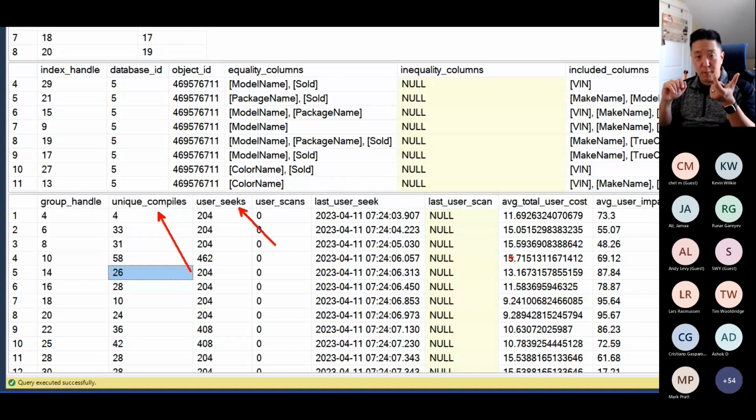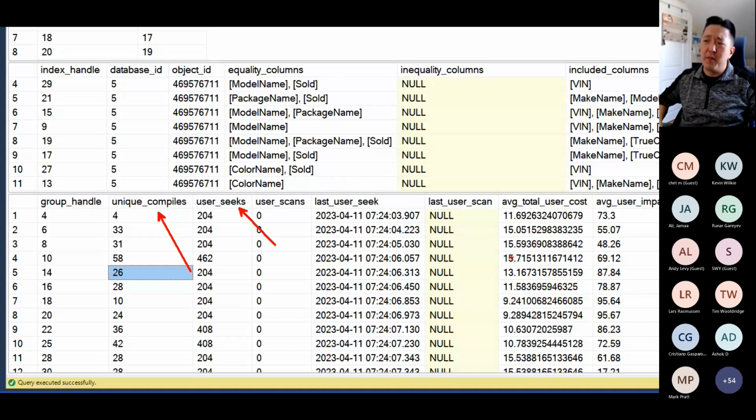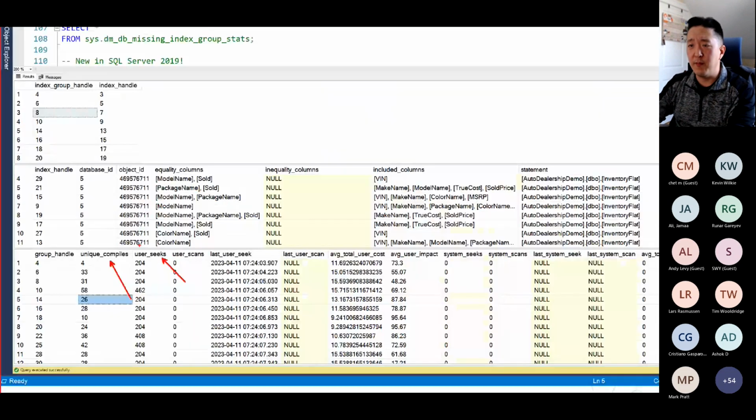Or you could have the same query with different parameters that generate different execution plans as well. We have the joys of parameter sniffing, for example. So that was one shortcoming in the legacy DMVs.